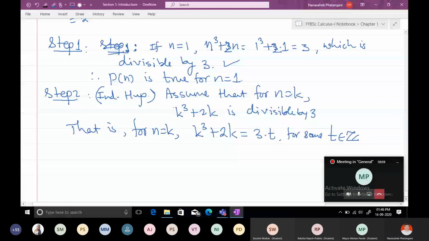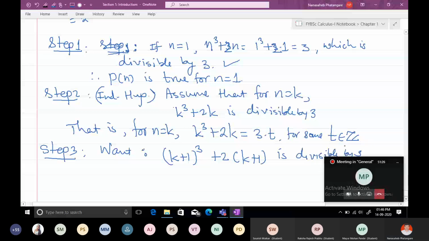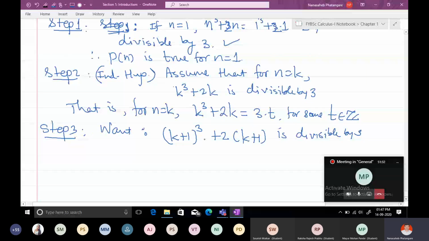So what is our step 3? Inductive step. What we want is that (k plus 1) raised to 3 plus 2 times (k plus 1) is divisible by 3. This is our claim, our aim now, because we want to prove that the result is true for n equal to k plus 1. That means this thing is divisible by 3. Okay, now let us start with this expression.